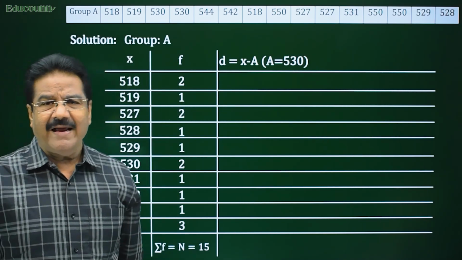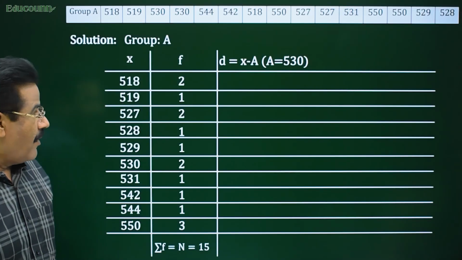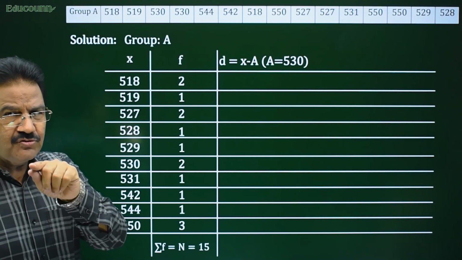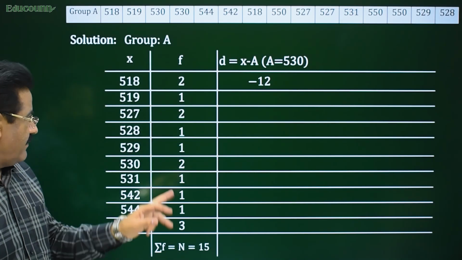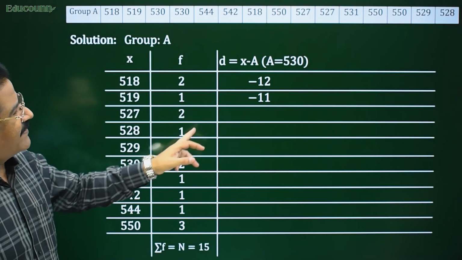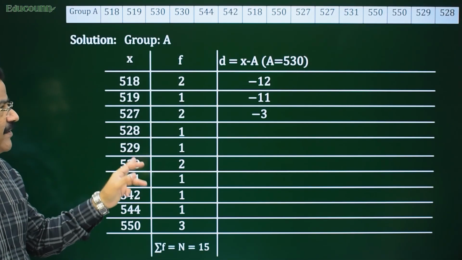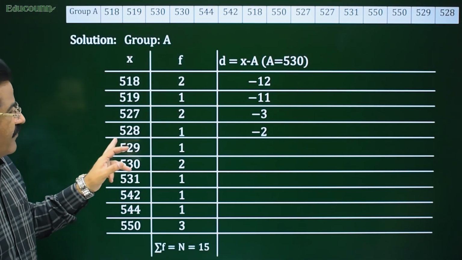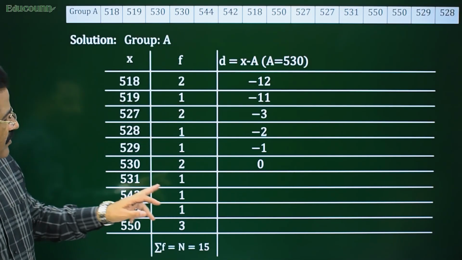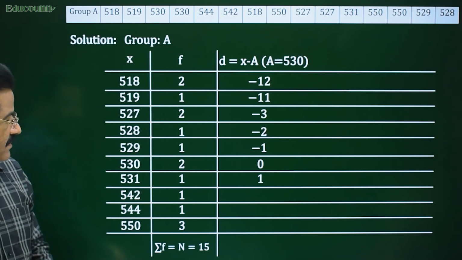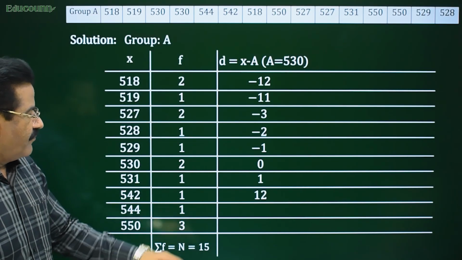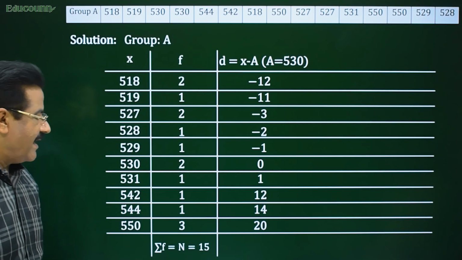So D is equal to X minus A. We are going to prepare the readings of D. How can it be done? 518 minus 530, because the value of A we have chosen is 530, comes to minus 12. 519 minus 530 is minus 11, 527 minus 530 is minus 3, 528 minus 530 is minus 2, 529 minus 530 is minus 1, 530 minus 530 is 0, 531 minus 530 is plus 1, 542 minus 530 is 12, 544 minus 530 is 14, 550 minus 530 is 20.